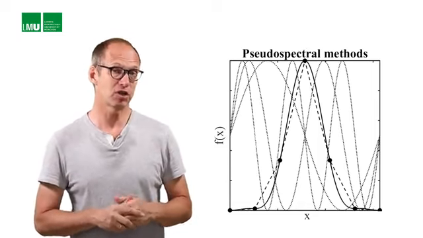Another approach that we will encounter in the pseudospectral method, illustrated in this figure here, is that we actually describe the wave field, or here it's a Gaussian shape function that might propagate away from the source, by a superposition of some basis functions.